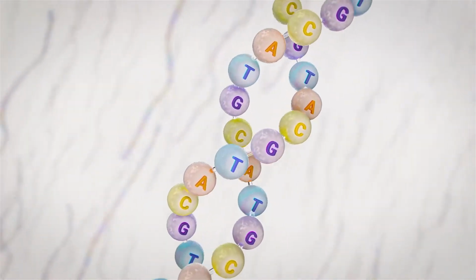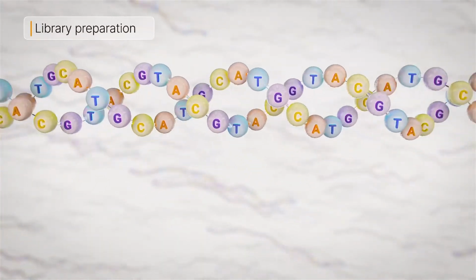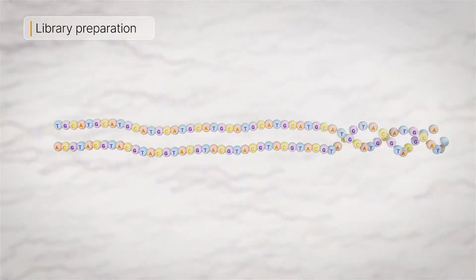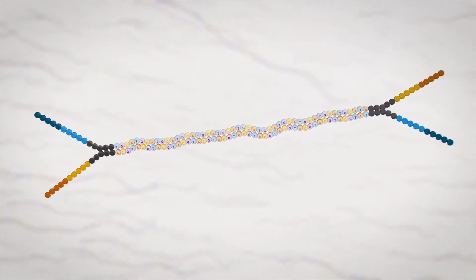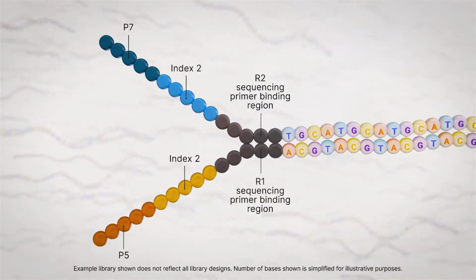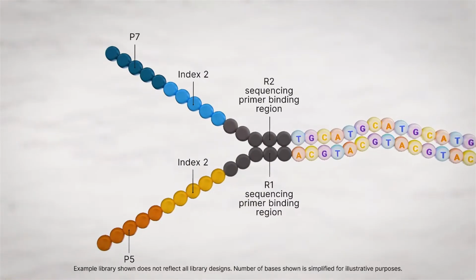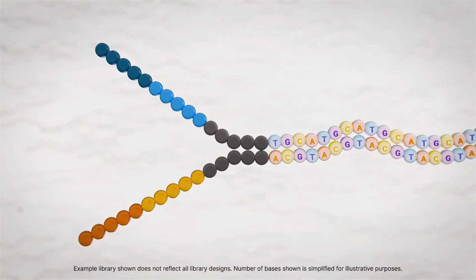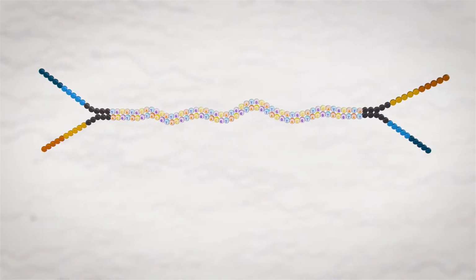There are many ways to prepare libraries based on sample input type and sequencing application. All library preparation methods add adapters to the ends of the DNA fragments. Through library preparation, these adapters contain regions such as sequencing initiation sites, indexes for molecular barcoding, and regions that will bind or hybridize to complementary sequences on the flow cell.